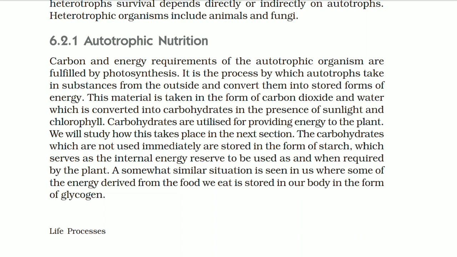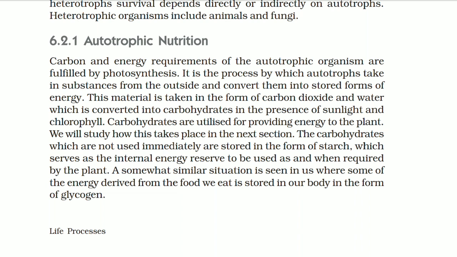Carbohydrates are utilized for providing energy to the plant. We will study how this takes place in the next section. The carbohydrates which are not used immediately are stored in the form of starch, which serves as the internal energy reserve to be used as and when required by the plant.